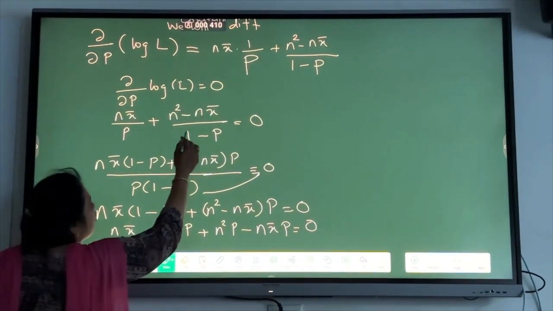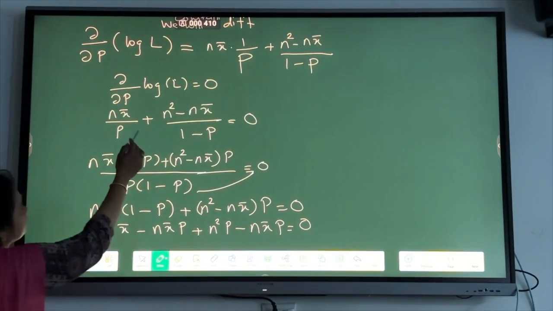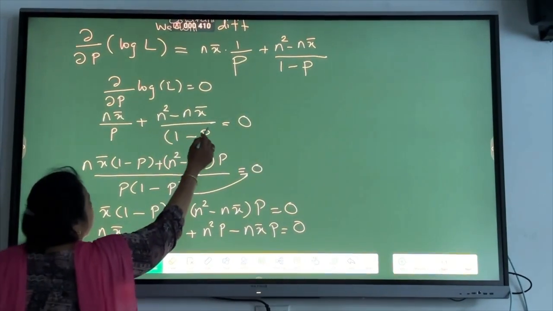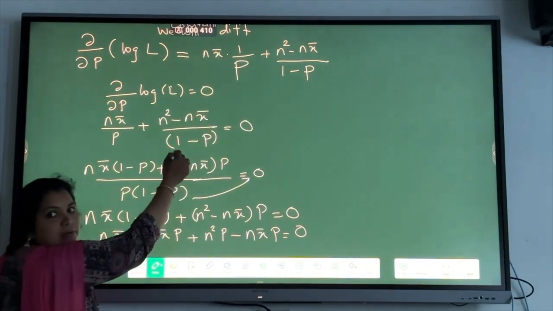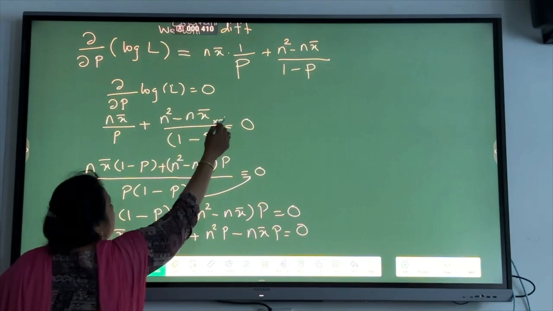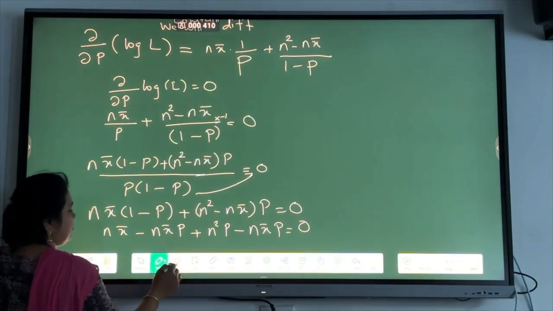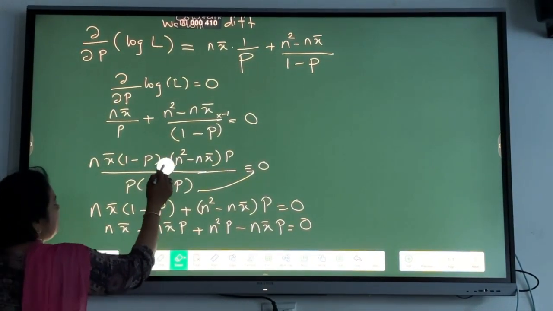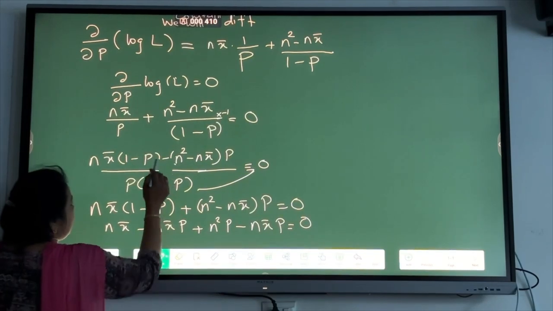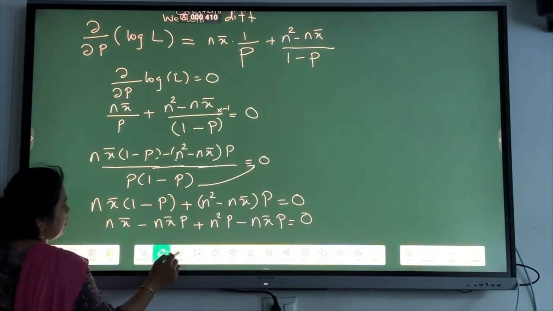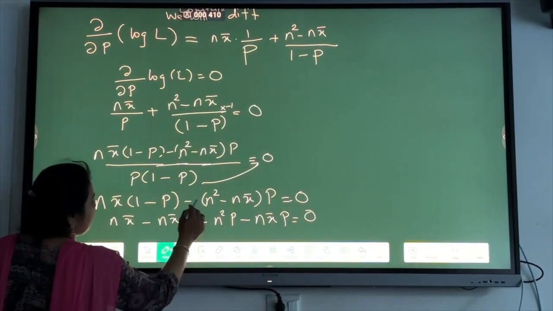So here we have to do it with respect to P. So you get negative value, minus P, minus 1, into minus 1. So you will get minus here. So minus. Here also you get minus.